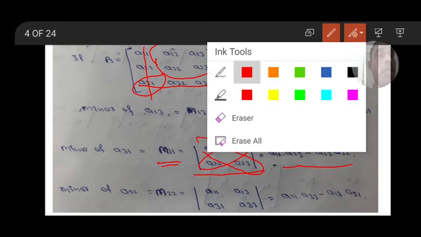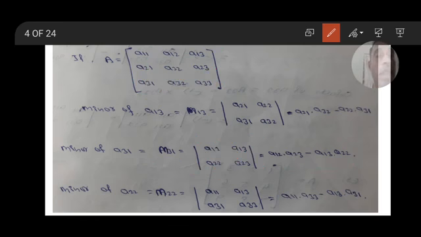Next, for example, the minor of A22. We have to delete the row and column. The remaining resultant matrix is A11, A13, A31, A33. Its determinant means AD minus BC: A11 into A33 minus A13 into A31.